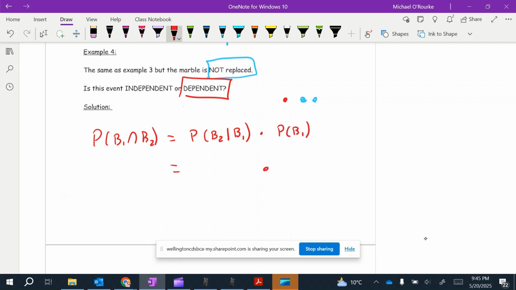So I'm going to start over here. What's the probability of getting a blue the first time? It's 2 over 3. So we're going to pretend we took that one away. Then the second time we pull, what's the probability of getting a blue the second time given we got a blue the first time? Well, it's going to be a half because there's only 2 left and one of them is blue. So the final answer there is going to be 2 over 6.